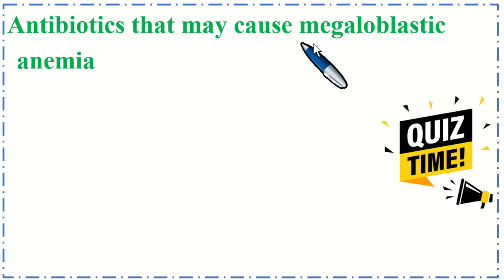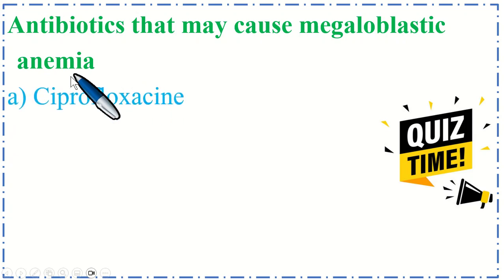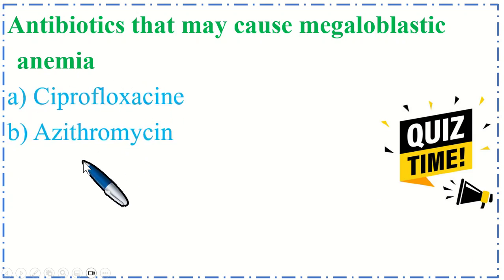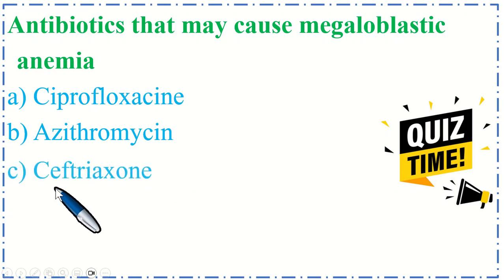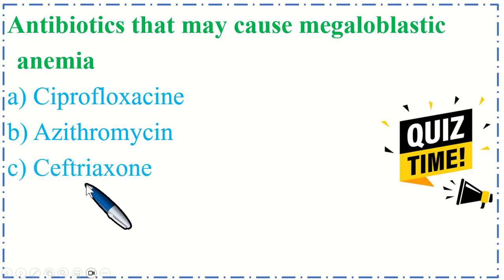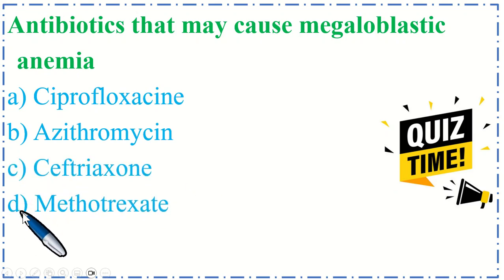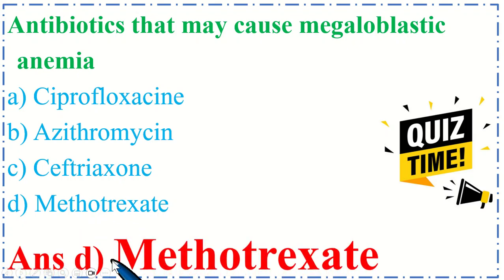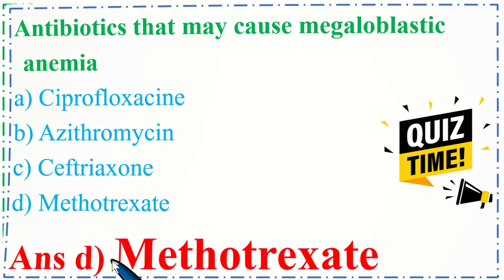Antibiotics that may cause megaloblastic anemia: option A ciprofloxacin, B azithromycin, C ceftriaxone, and option D methotrexate. Correct option is D methotrexate.